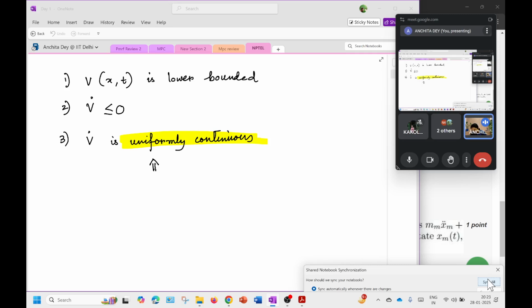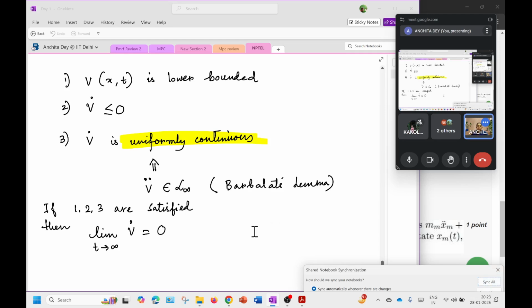Provided these three conditions are satisfied, which is not Lyapunov's condition but is similar to that, and you can apply simple calculus logic, then you can see that the limiting value of V dot will eventually go to 0.